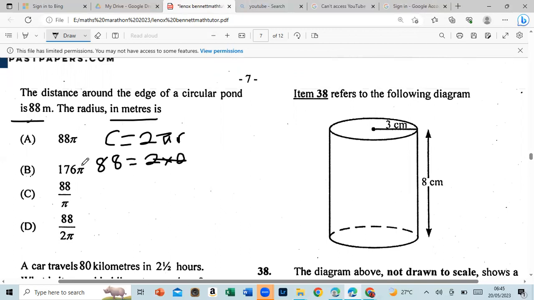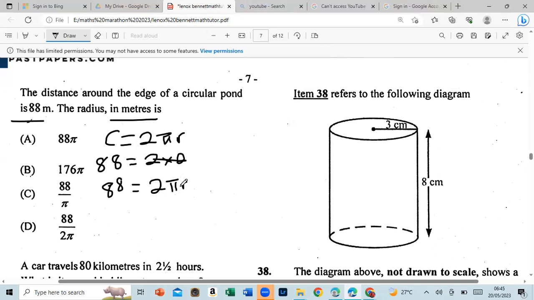Oh, they didn't work out the pi. Guys, you have to look at these little things, right? If they didn't work out the pi, then it means that you must work it out, alright? So let's do it in terms of pi. So look at the question first before you attempt, and let's look at the options.